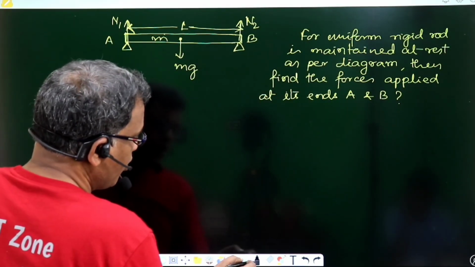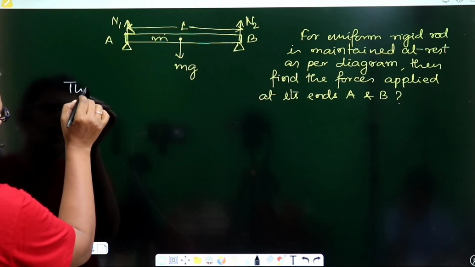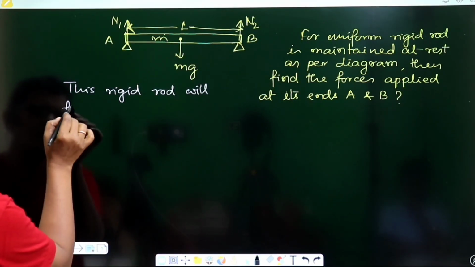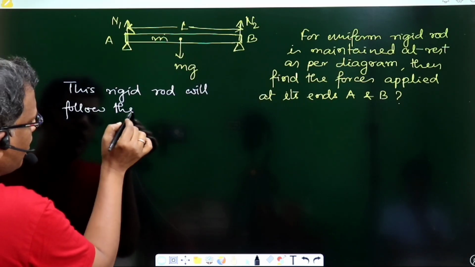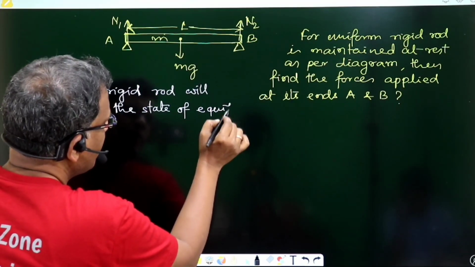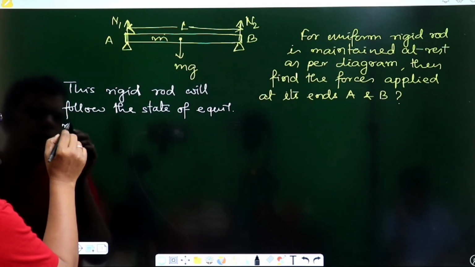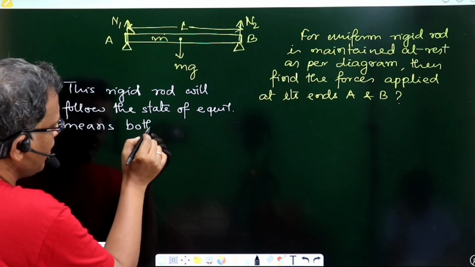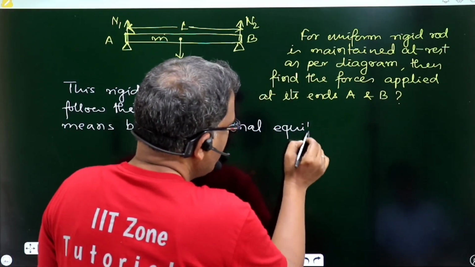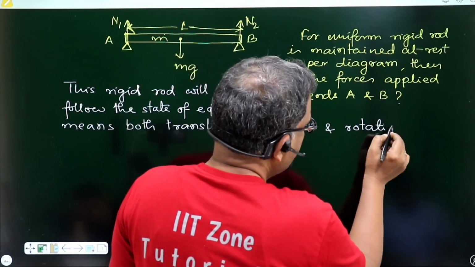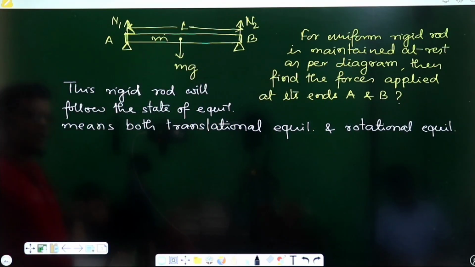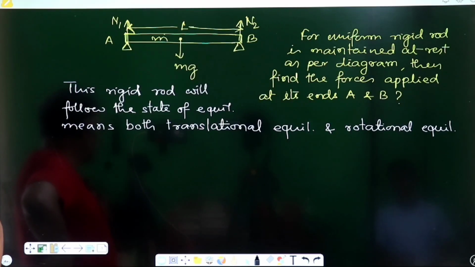This implies that this rigid rod will follow the state of equilibrium, means both translational equilibrium and rotational equilibrium. Are you getting it or not?